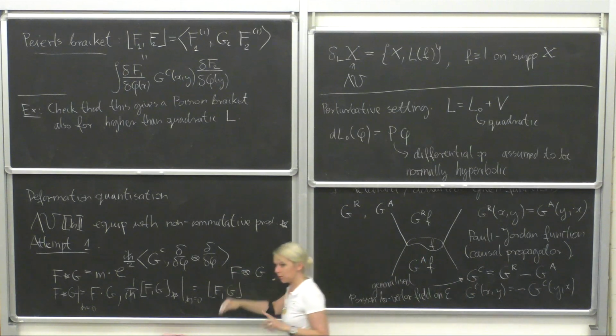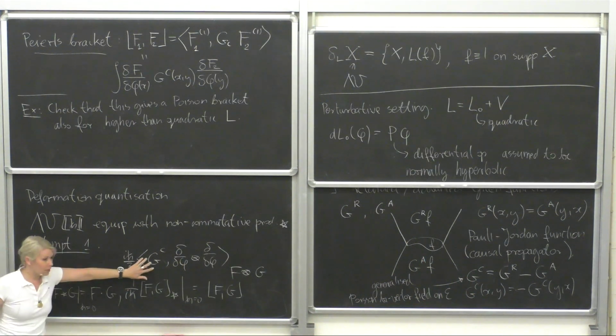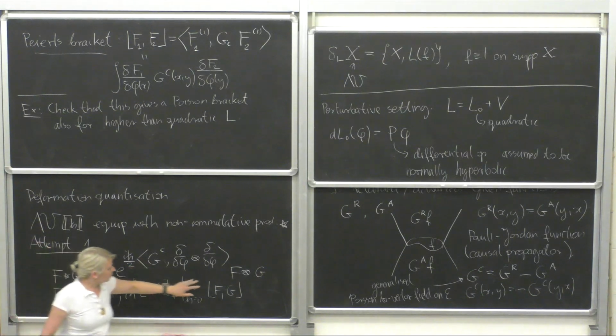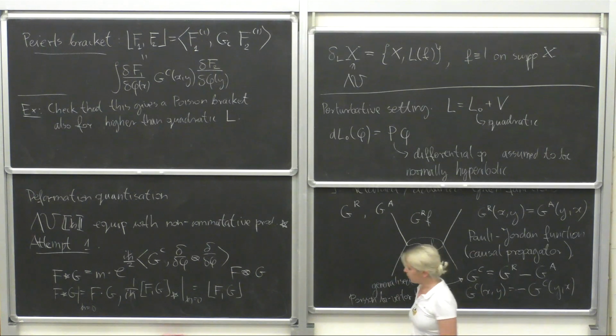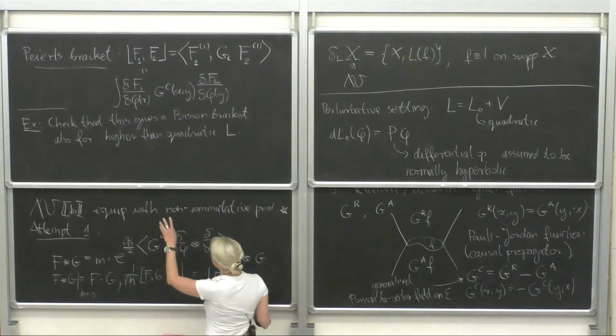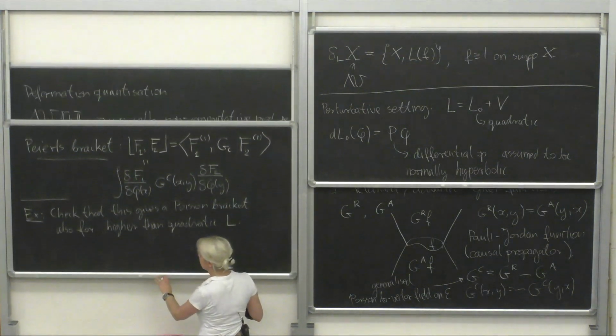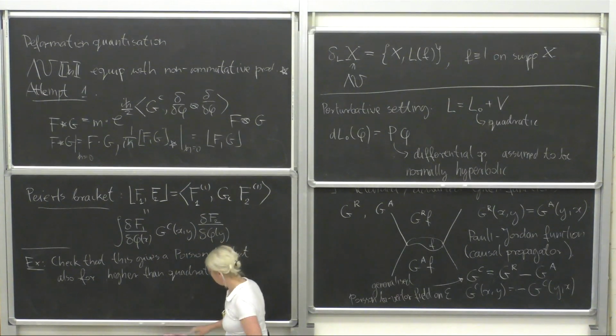So what's wrong with this? Because there is something wrong with this. The problem is that this is singular, and the derivatives of f and g are also somewhat singular. So this is going to be only defined for this more restricted class of functionals, namely the regular ones.